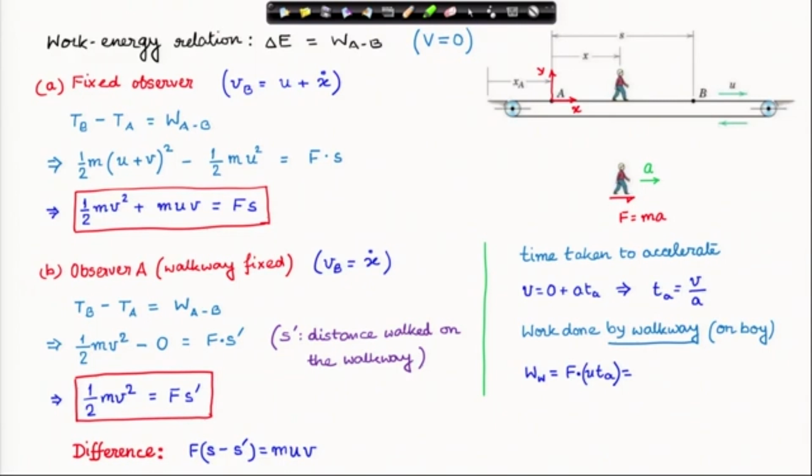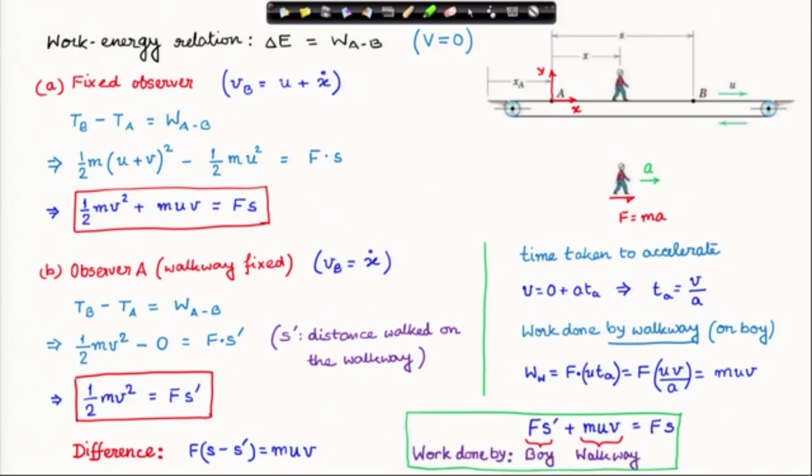Velocity into time is the distance covered by the walkway during the acceleration time, and the force acting is constant, and u times the time of acceleration is v by a. Therefore, this is m u v. This is the work done by the walkway on the boy.